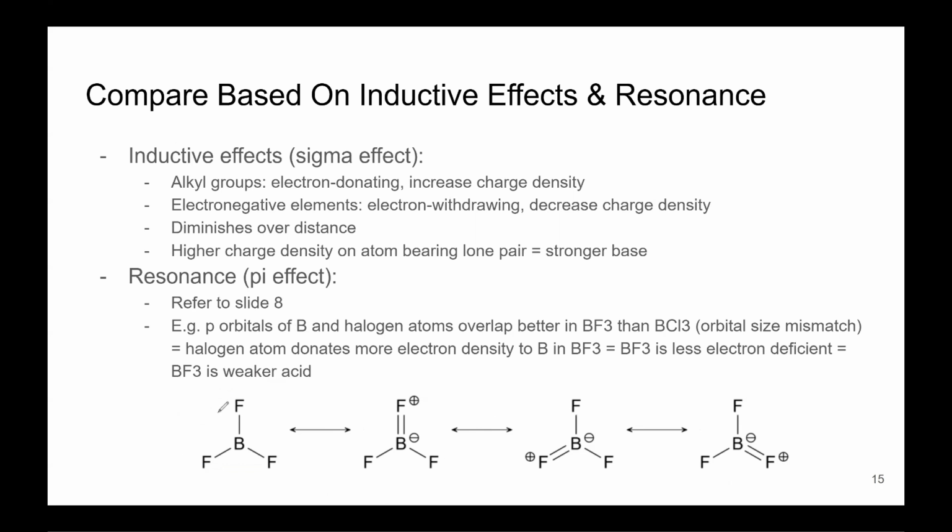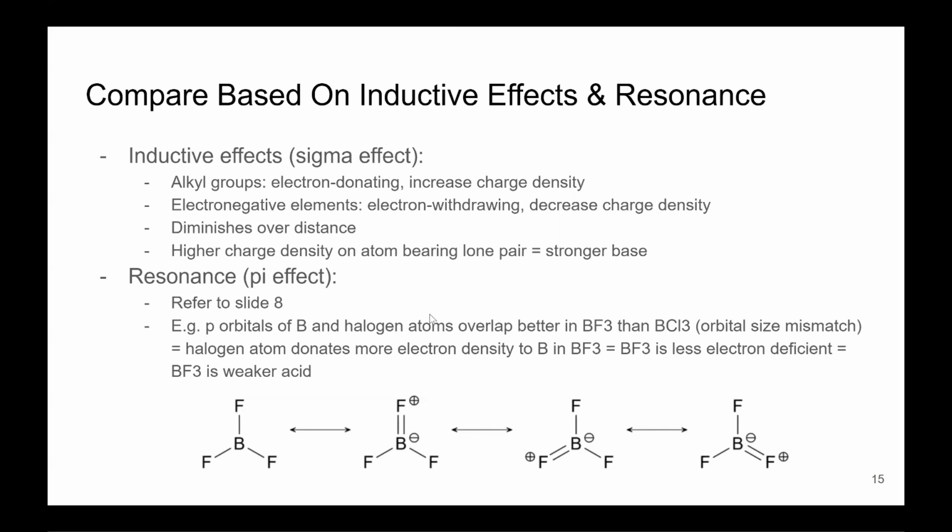That is why for BF3, all these four resonance structures contribute significantly to how the electrons are delocalized. But for BCl3, these three resonance structures are not that significant because the orbital overlap is poorer. For BCl3, the resonance structure that contributes most significantly compared to BF3 is this first structure.